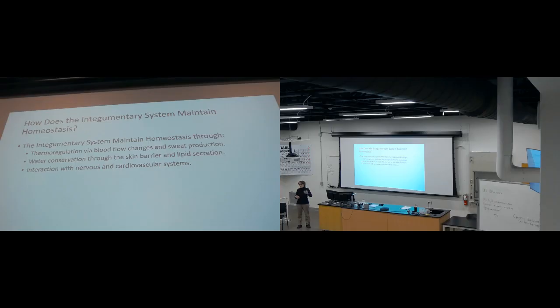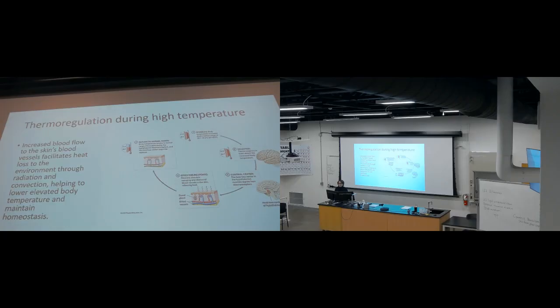Well, by sending signals between the skin and the cardiovascular center to increase or decrease the blood flow. And with the nervous system, we have thermoreceptors in our skin and pain receptors that tell us when an object is hot or cold. And then we can set a response with the nervous system. We will see that later when we talk about reflexes in the nervous system chapter.